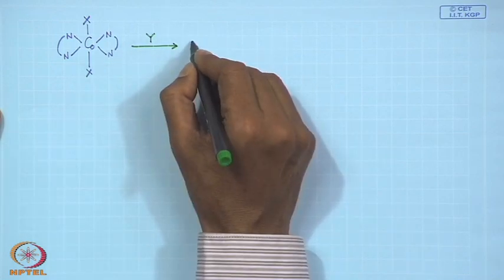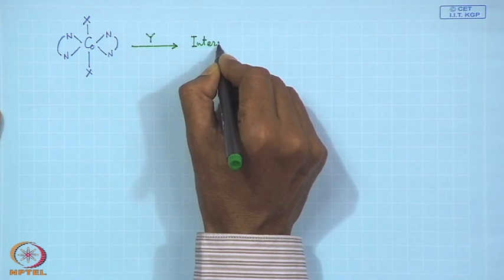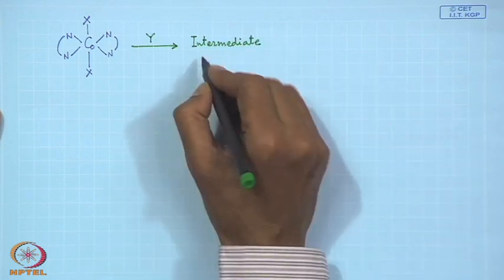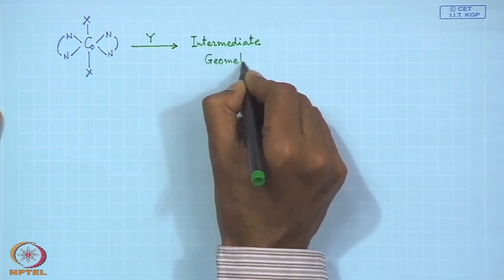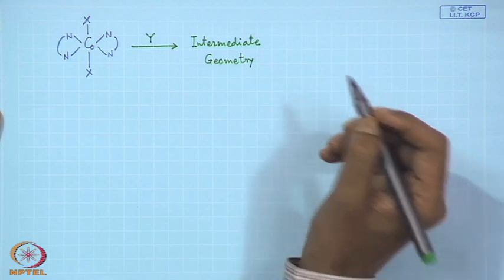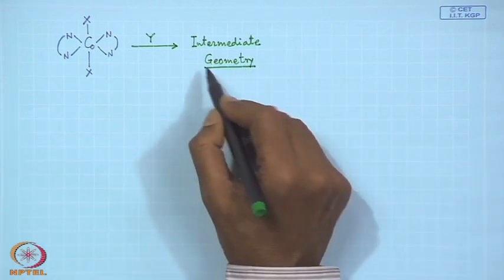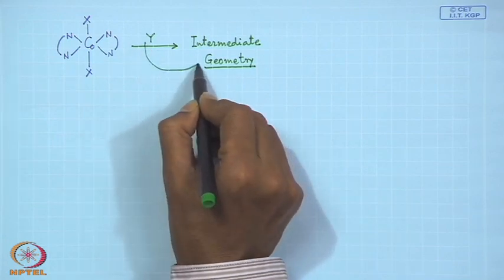So, the intermediate or the transition state which is forming has a particular geometry, and that geometry is important if it has more than one position to attack, where y can attack.